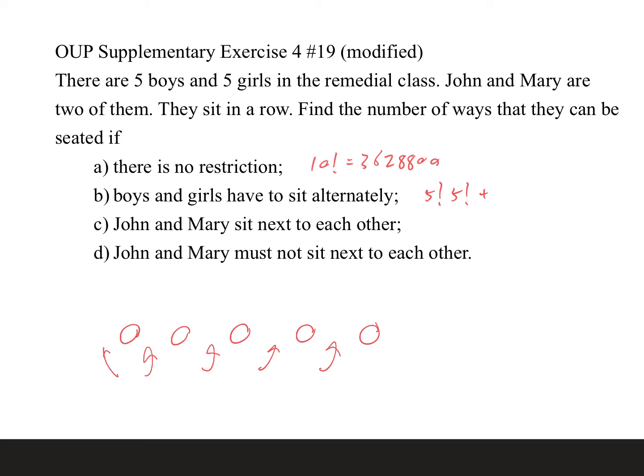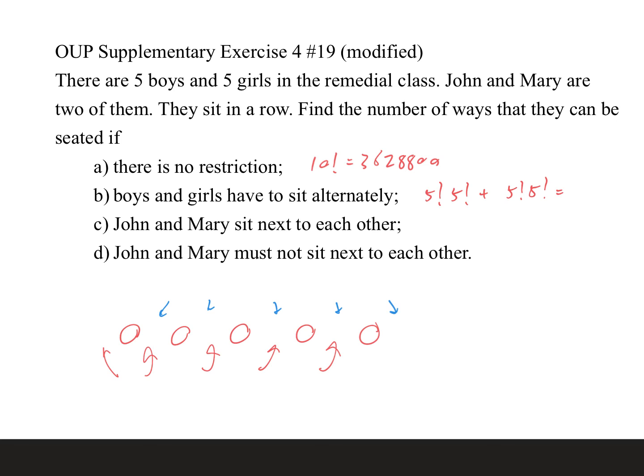Now, alternatively, the 5 boys sit among here, same as before, but the girls sit among here. Then they will sit alternately. And therefore, another 5 factorial appears. So it's 5 factorial times 5 factorial times 2.